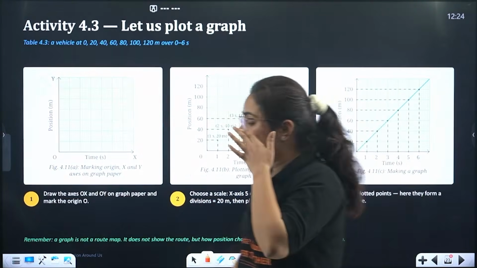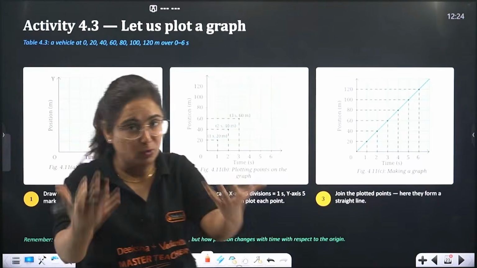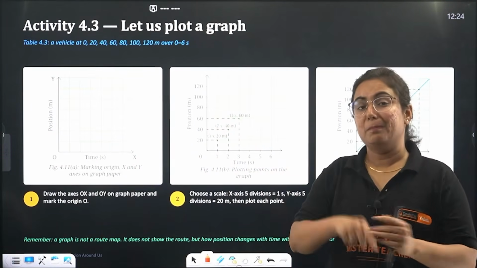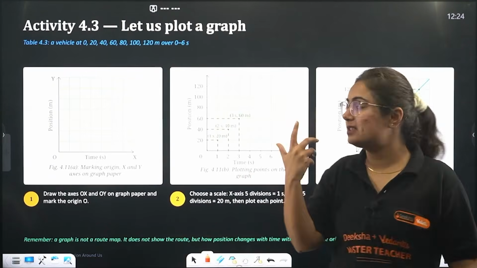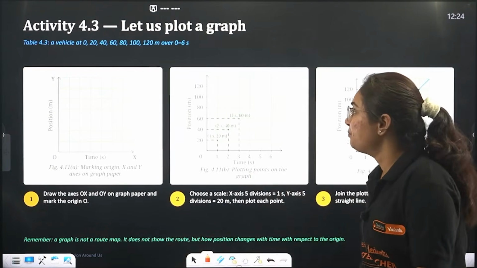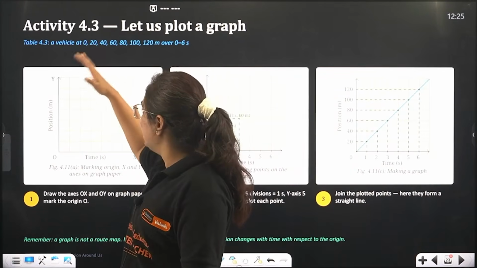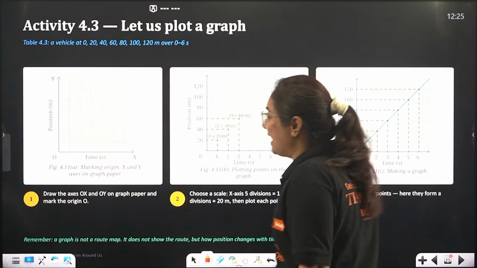Whenever we talk about graphs, beta, I will tell you some basics. However, I am just assuming that you are well aware of what a graph is and how we mark points in the graph. We use graphs for solving some questions of physics, in which we divide the graph into x-axis and y-axis. The horizontal line is the x-axis, the vertical line is the y-axis.